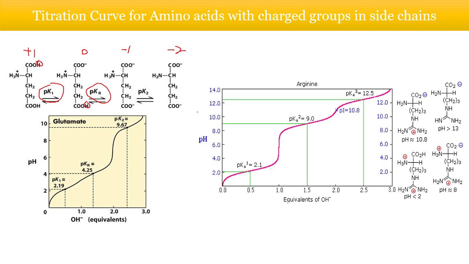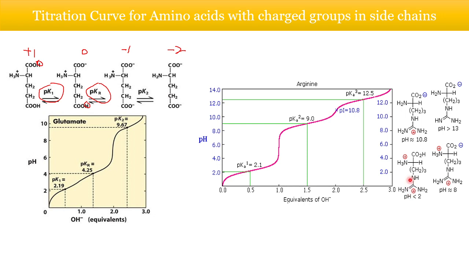Now for arginine, what happens? Arginine has an amino group in its side chain, so it would also have a positive charge at a very low pH. So at less than 2, we would have arginine in the +2 state.